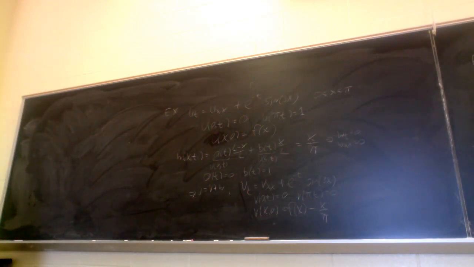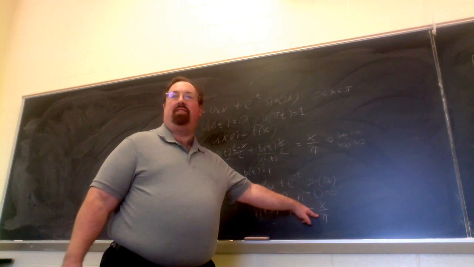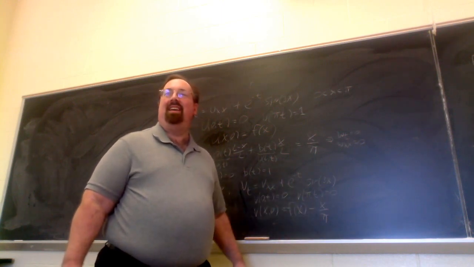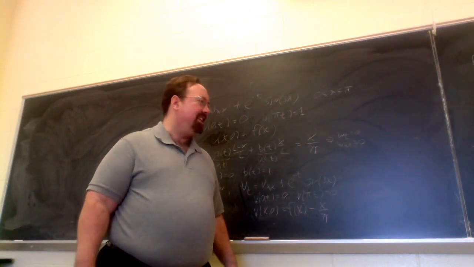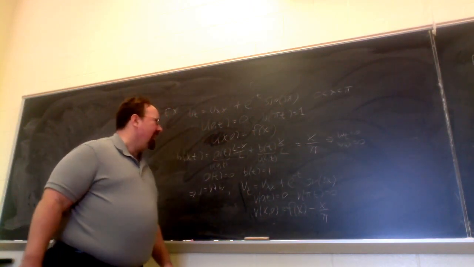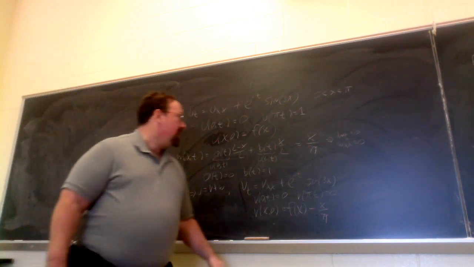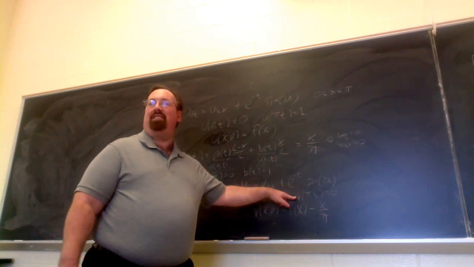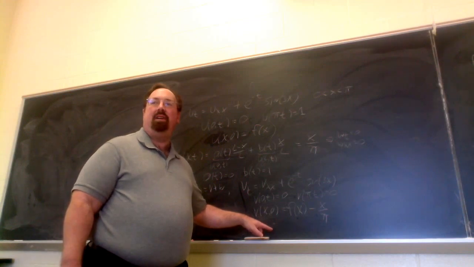No, because sine of pi is not 1. Yes, because of this term right here. This initial data will not satisfy these boundary conditions. I'm only talking about the problem for v, not u.